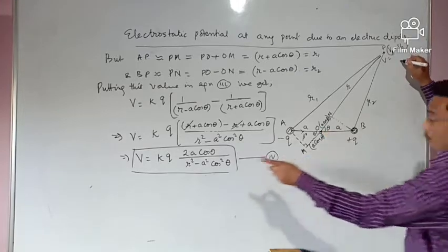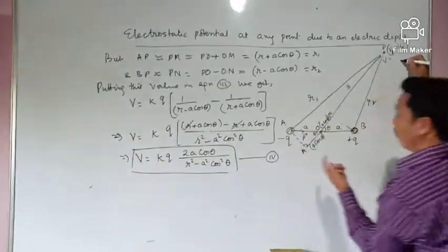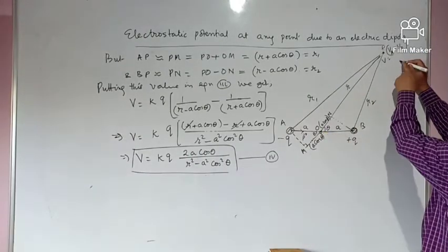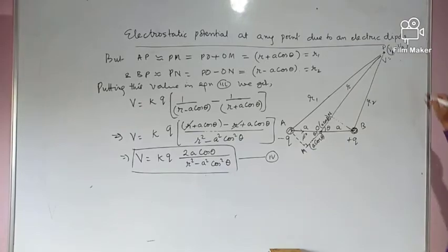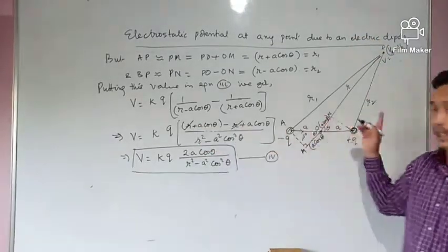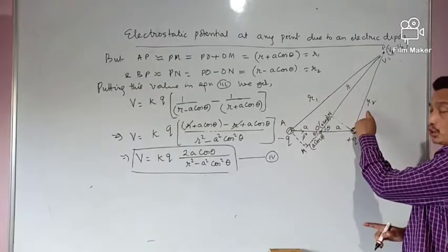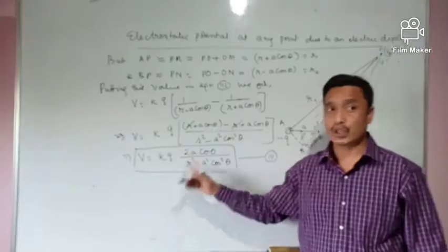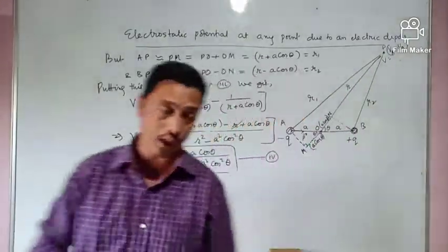So the electrostatic potential is also a function of theta. I can incline at any angle, and the R1 and R2 positions will change according to this theta. So I am making the potential a function of theta here.